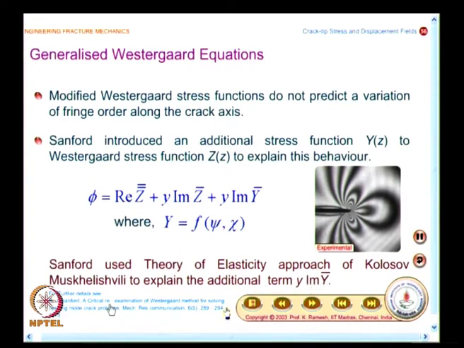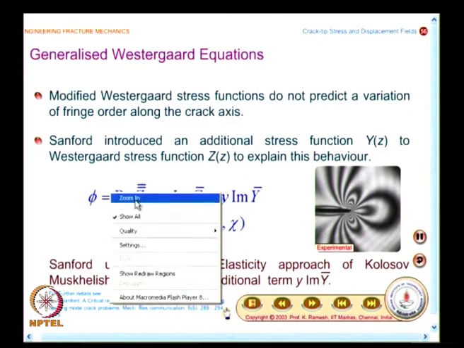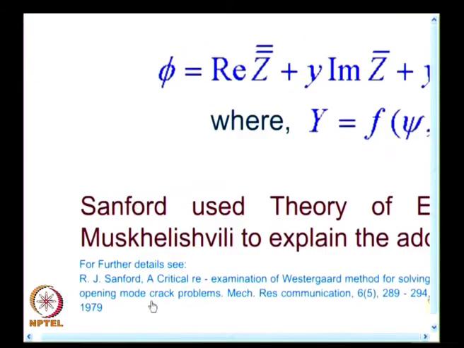In fact, you could see some of this in his publication. This was published in 1979 by Sanford. The paper was 'A critical re-examination of Westergaard method of solving opening mode crack problems', which appeared in Mechanics Research Communications.